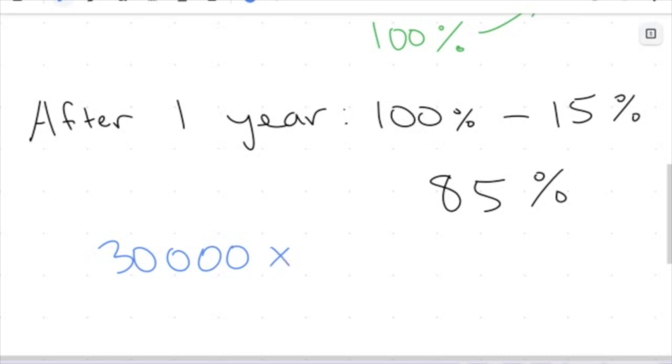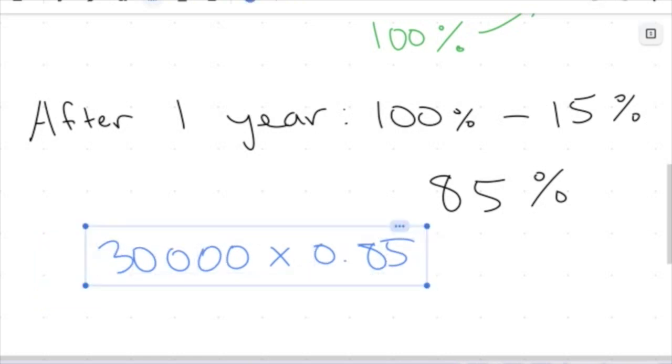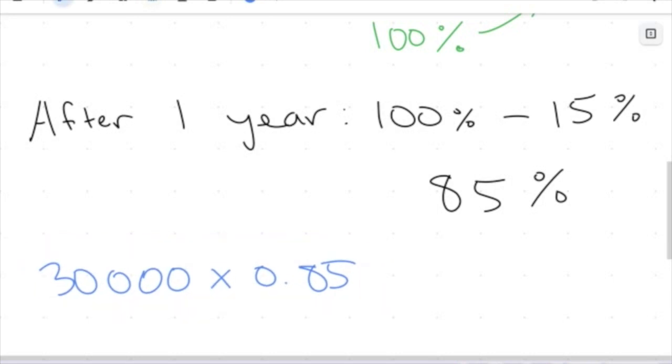So we want to multiply it by 85% or 0.85 or by 85 over 100. We can do this in any way. Remember, fractions, decimals, percentages, they're all different ways to communicate the same thing. Because we're finding the percentage of a quantity, 30,000, we multiply by this percentage.